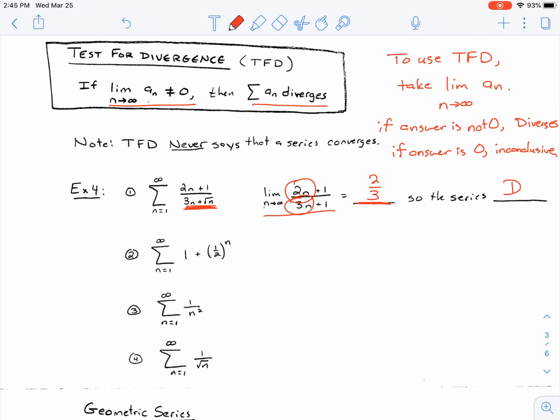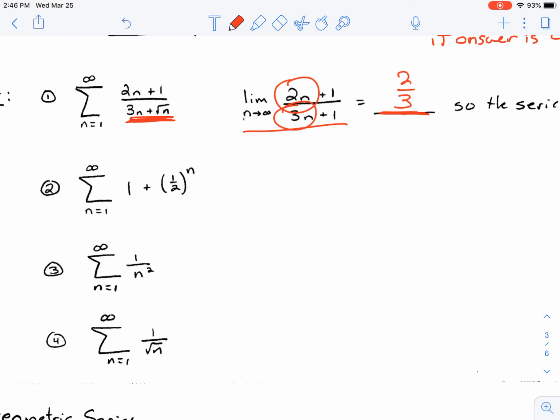All right, let's look at the next one. For this one, I'm going to make this a little bigger. I take the limit as n goes to infinity of 1 plus 1 over 2 to the n. Now, if you look at this, the 1 stays the same. When n goes to infinity, though, a half raised to the n gives you 0.